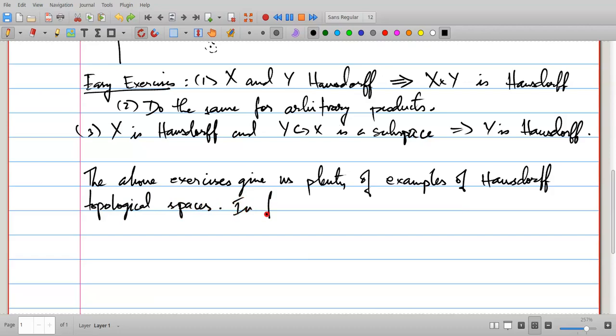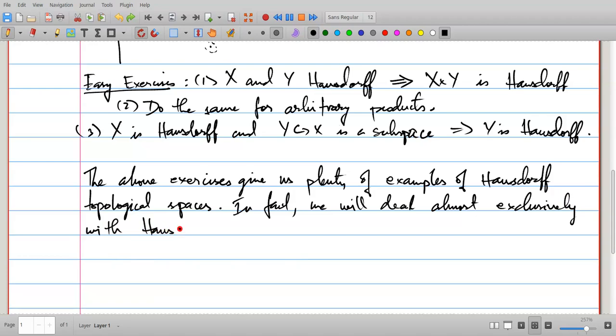So in fact, we will deal almost exclusively with Hausdorff spaces for the rest of the course.